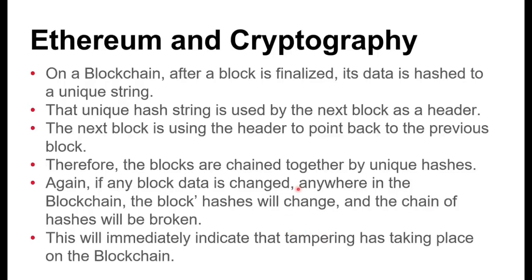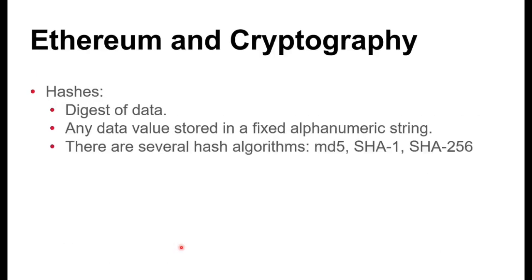So blockchain can be thought of as change apparent, and then once that change is detected, it can be overwritten with a blockchain or a ledger or a block that has not been tampered with. So we will know if there is any tampering because we will see the change in the hash.